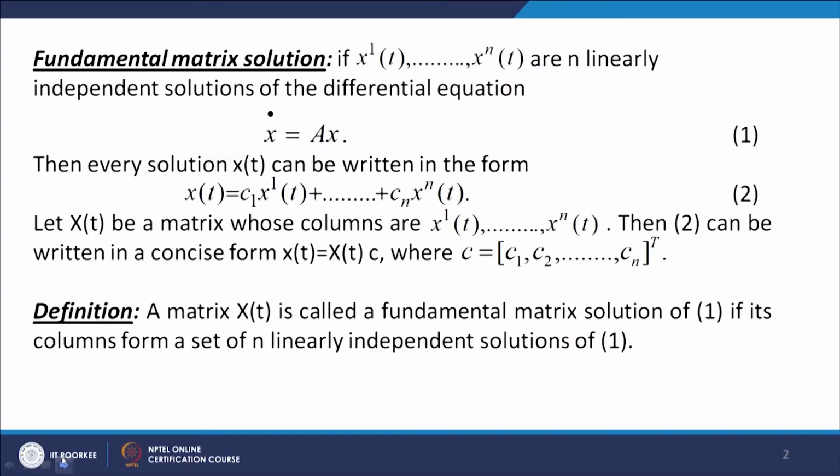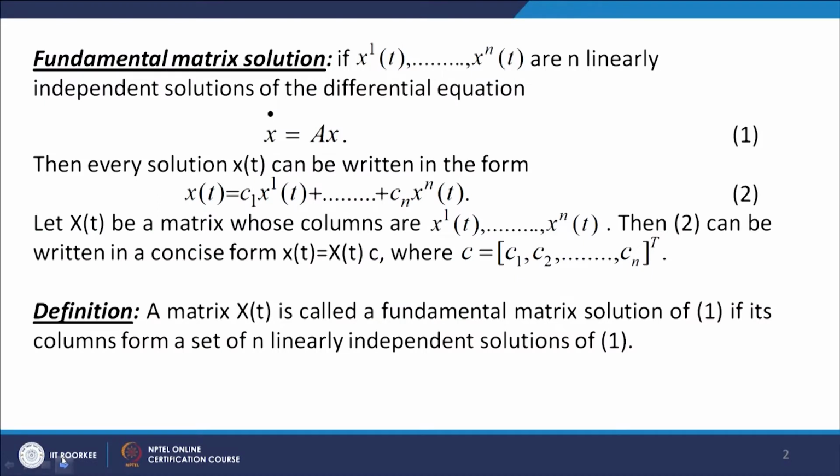Suppose x1(t), x2(t) and so on xn(t) are n linearly independent solutions of the vector differential equation x dot equal to Ax. We have already discussed how to find n linearly independent solutions of this homogeneous vector differential equation.